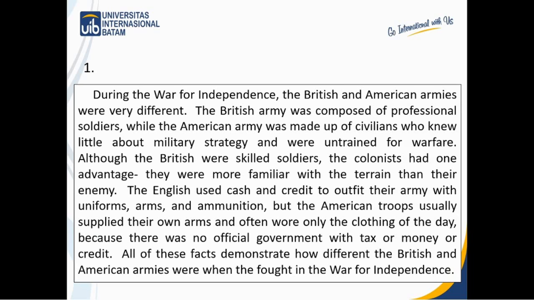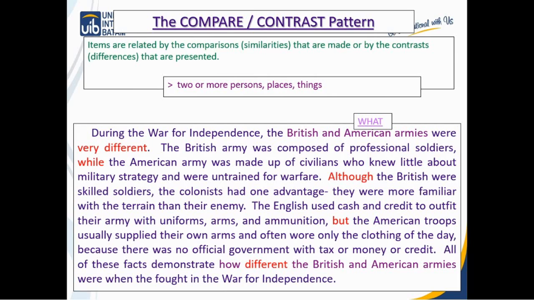Can you identify what type of pattern of organization is used by the writer? The writer used the compare or contrast pattern. So this one is our first type of pattern of organization.